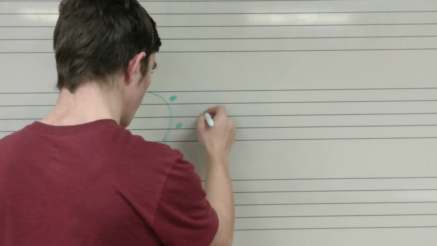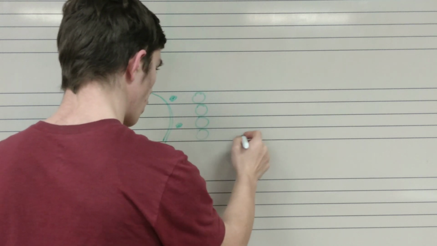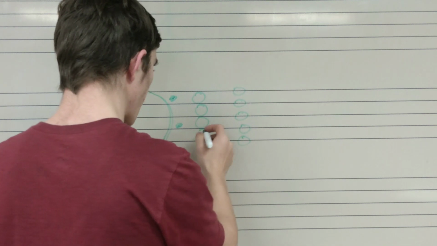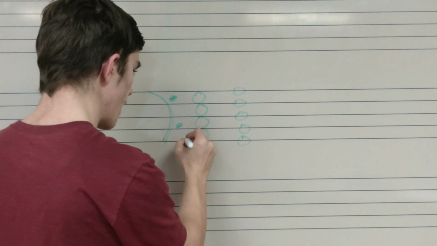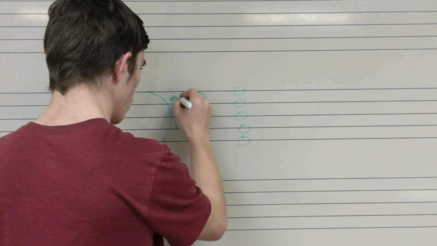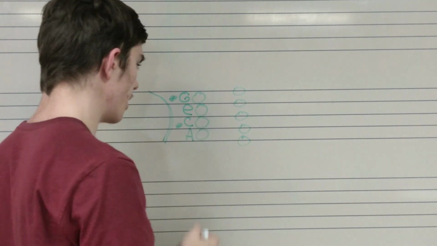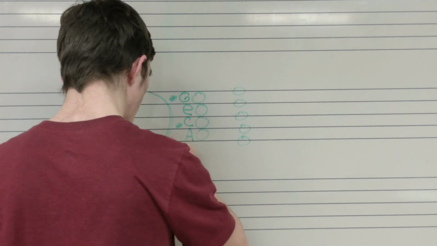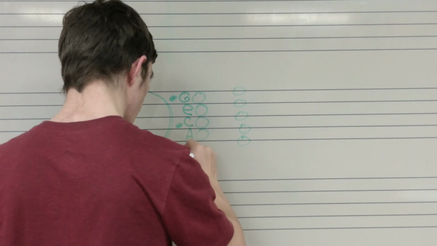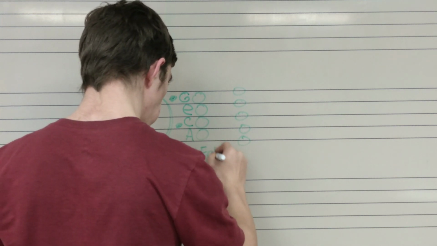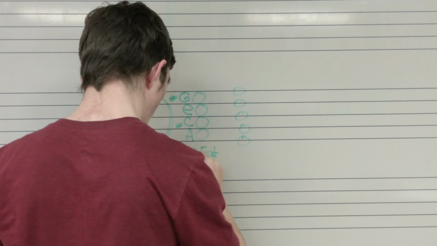We'll start with the spaces and then go to the lines because I like to do it that way. The spaces are A, C, E, and G. You can use any saying you want, but the one I like to use is all cars eat gas.